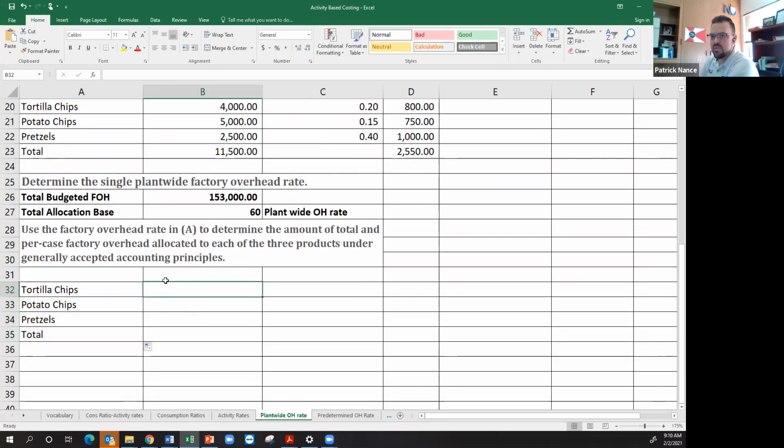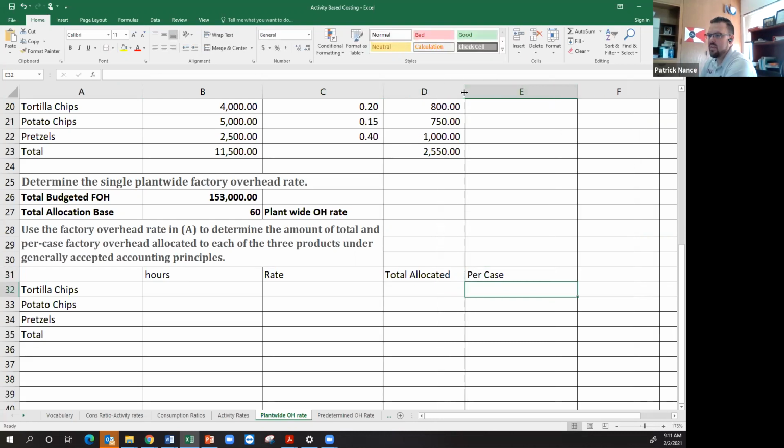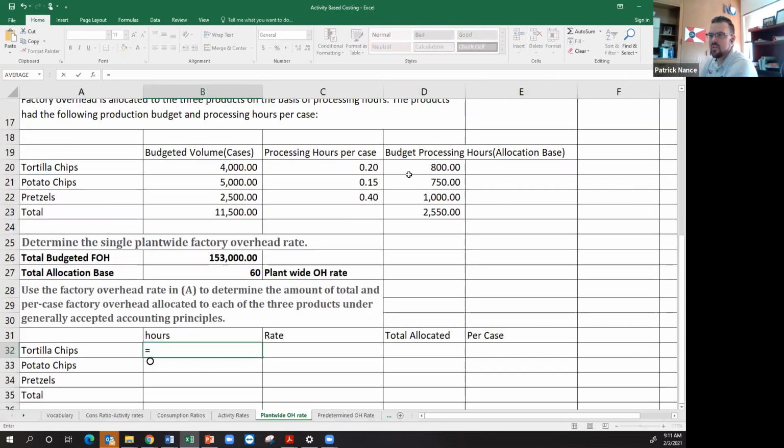So my hours, and then I'm going to put my rate, and then total allocated, and then per case. I'm just rebuilding the spreadsheet I already have, but just to make this make a little more sense. So the total number of hours already figured: for tortilla chips is 800, for pretzels and potato chips 750 and 1,000.